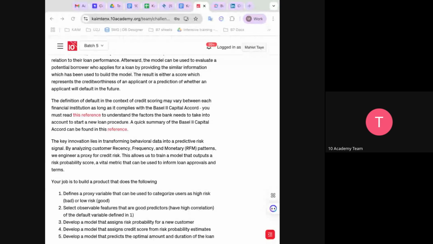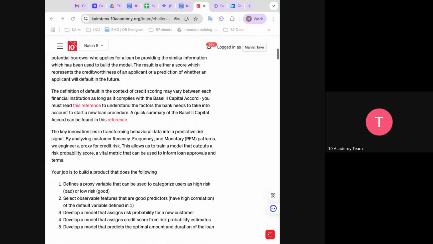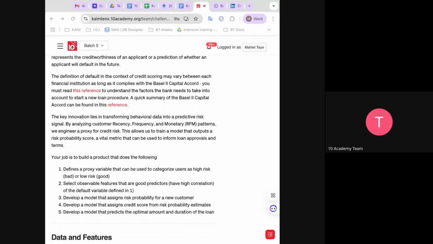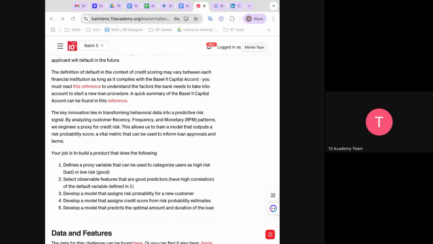You may have multiple ways to model these features from the existing data, and you have to develop this risk probability, as I said, the default metrics, and you can assign the credit scores from the risks that you have estimated and predict the optimal loan amount and duration. If time permits, you can go to the last two, but the main thing is to model the risk probability.